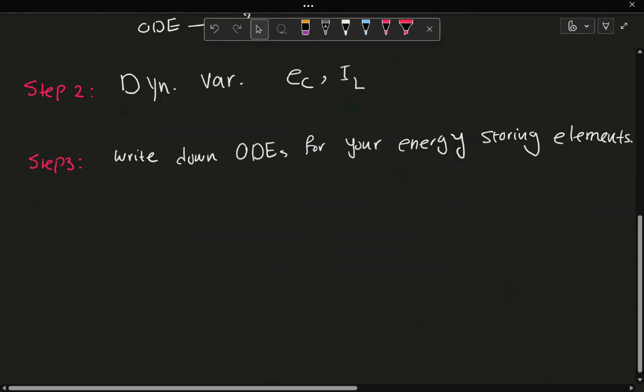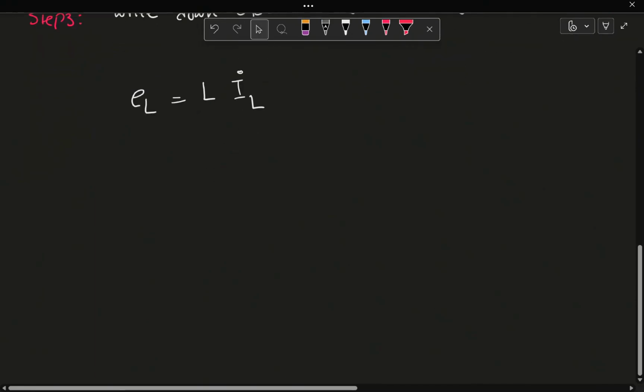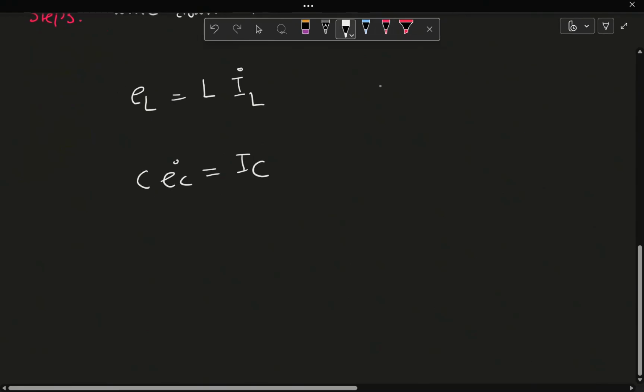Once again, I have the inductor, EL equals L I dot L, and I have the capacitor, C E dot C equals IC. Let's call this equation Smiley and this equation Cyclope.